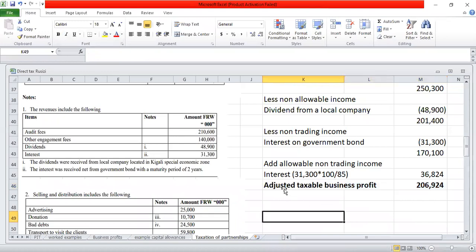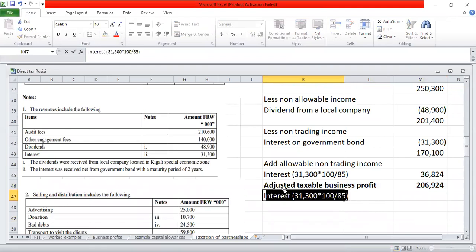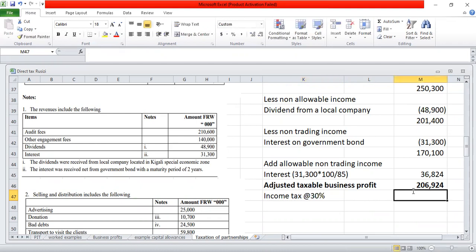So since I said we are taxing at 30%, our income tax at 30% is going to be this times 30%. I get the income tax.